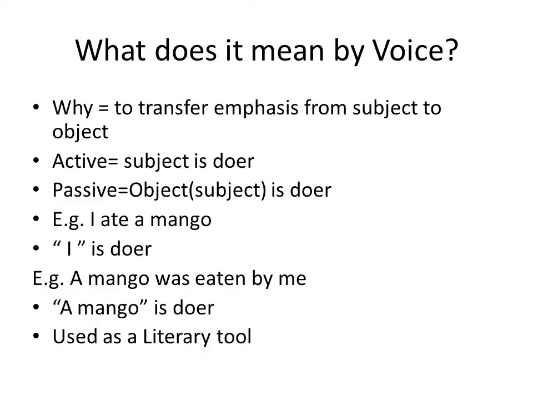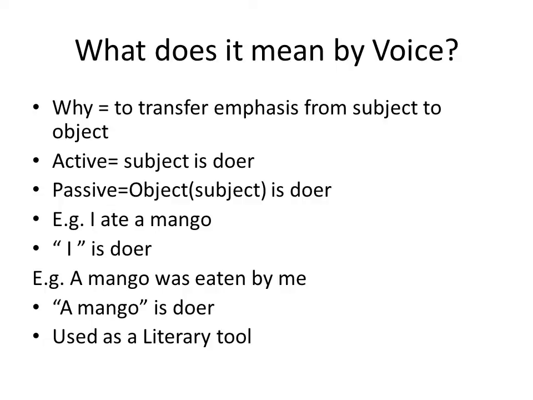It means subject, verb, and object. Just keep in mind that if a sentence is given, the sentence must have an object. Then and only then we can change it from active to passive.